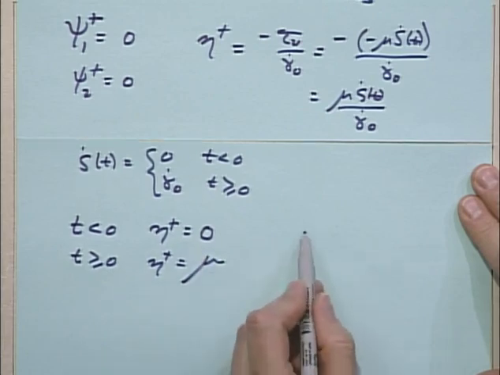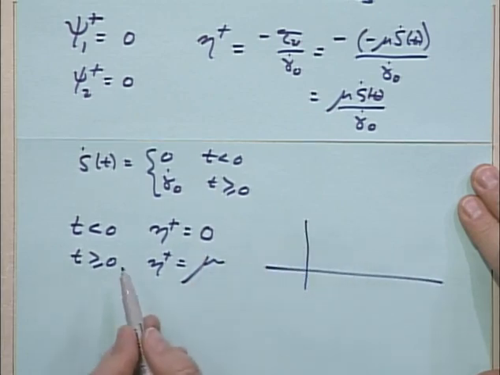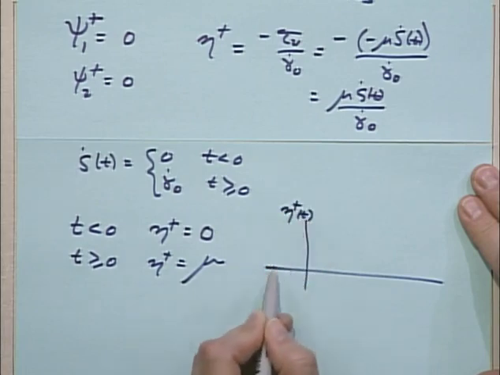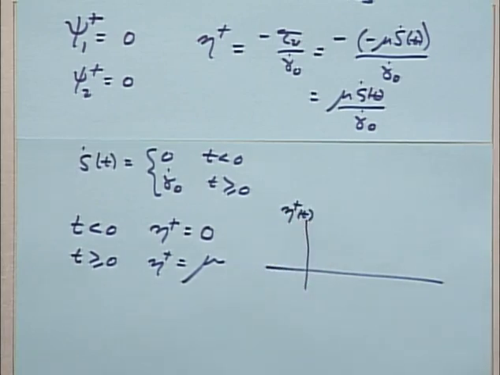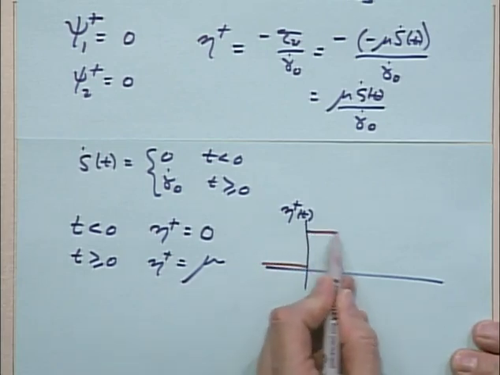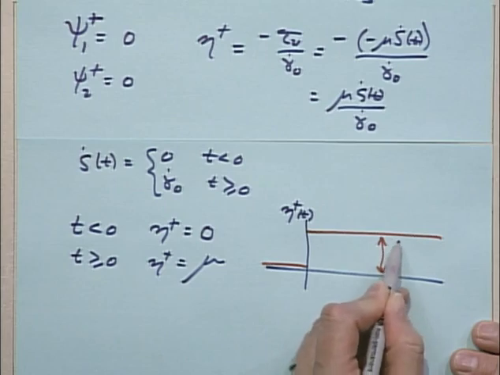We can sketch this. Eta plus as a function of time is 0, and then it's mu.